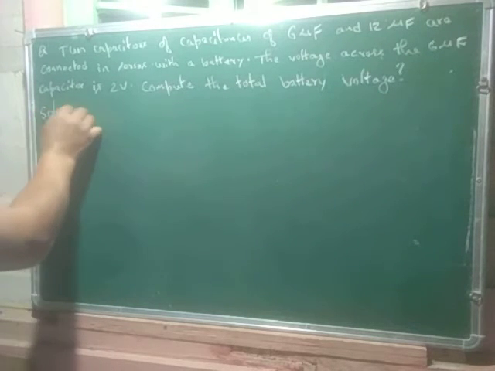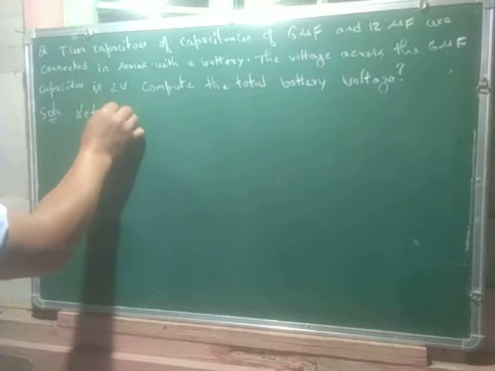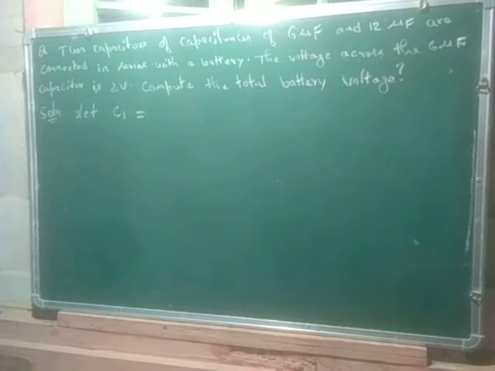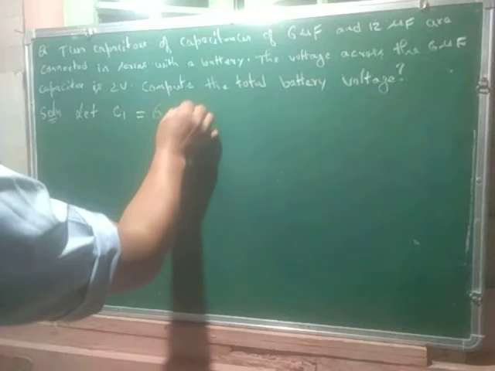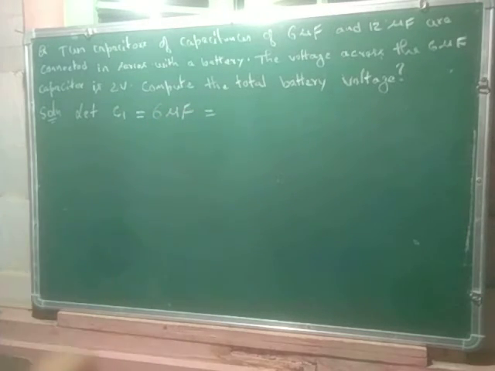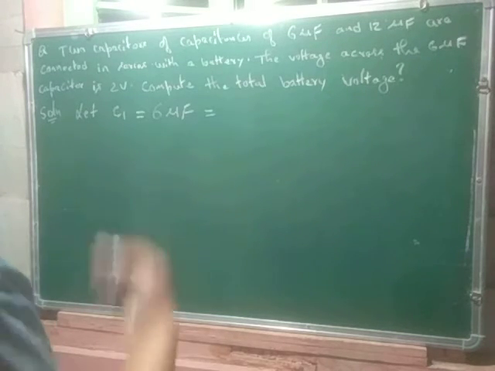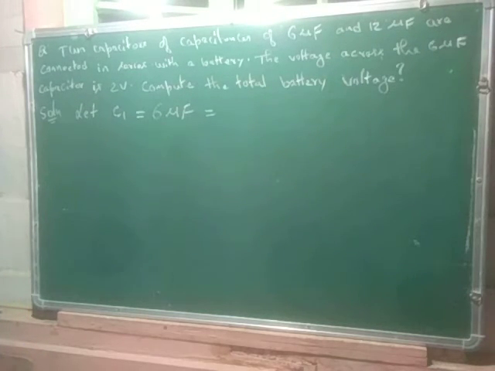Here I will say let C1, which is the capacitance of the first capacitor, be 6 microfarad. As we know, microfarad is not the SI unit of capacitance. So in physics, while doing numerical problems, we have to look at the units. If the units are not in SI, then first we have to convert them into SI units.